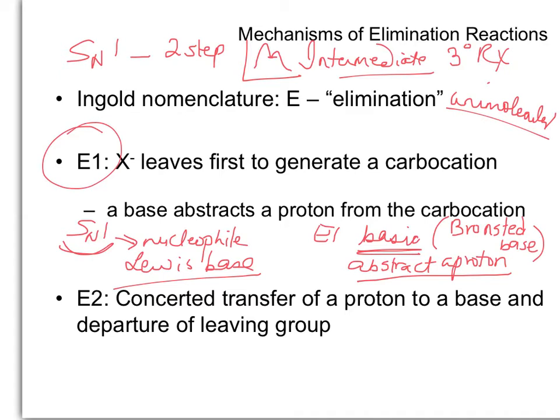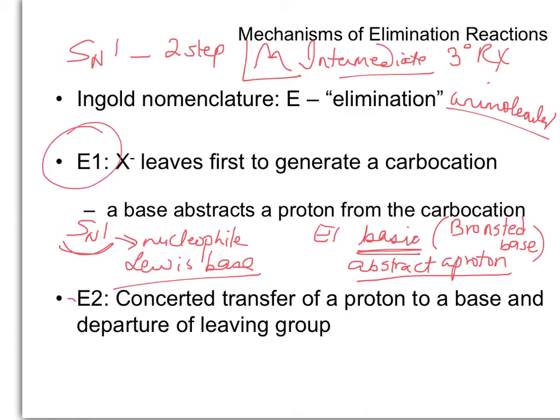If you have it too bulky, that bulkiness is going to prevent its movement, and so you would say that that's not a good nucleophile, but rather a poor nucleophile, but it could be a base. So you have to consider both of those when you are predicting whether a reaction is going to go through an SN1 or an E1 reaction.